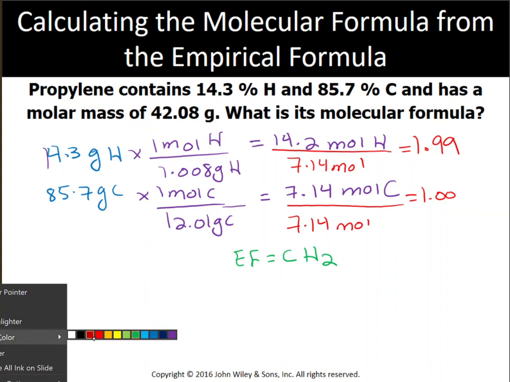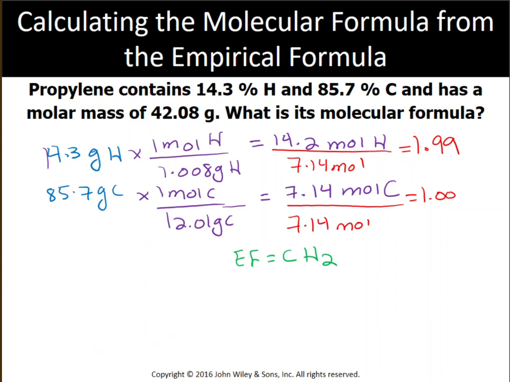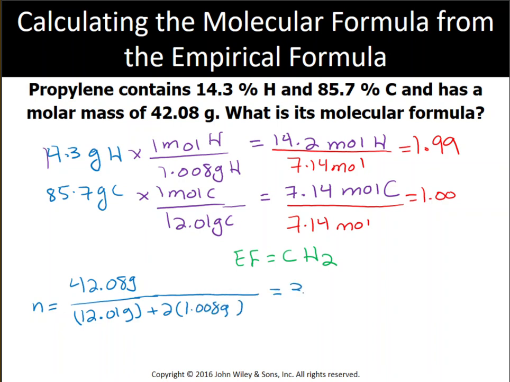Now, to find the molecular formula, we have to find N. So N is going to be the molar mass divided by empirical formula mass, which is the mass of one carbon plus 2 hydrogens, which comes out as 3.